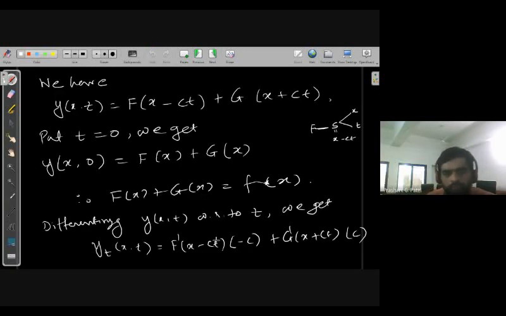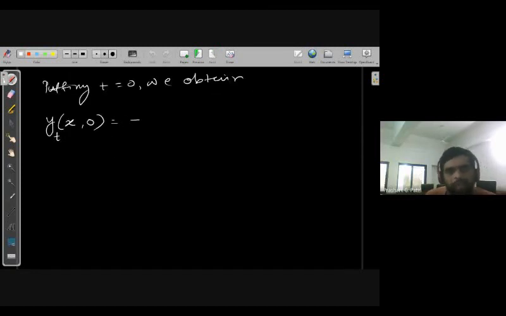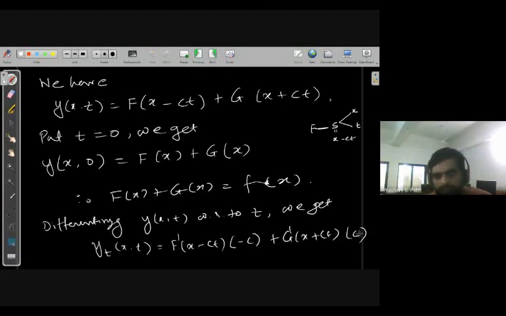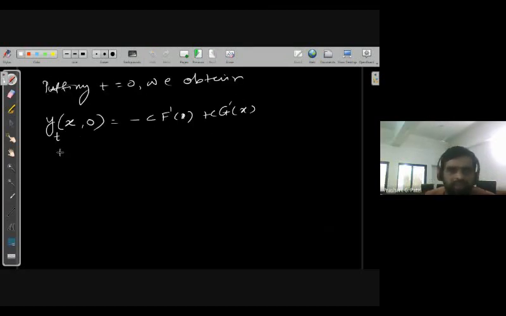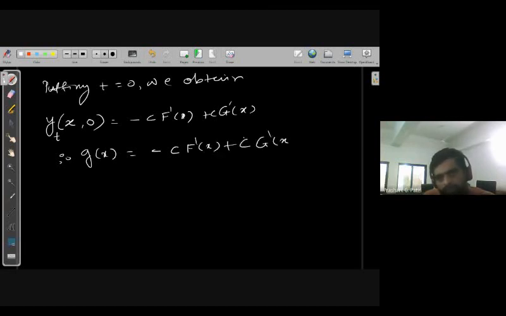You just substitute t equal to 0, which gives me minus c f'(x) plus c g'(x), and that is equal to what we have considered, small g(x), equal to minus c f'(x) plus c g'(x).